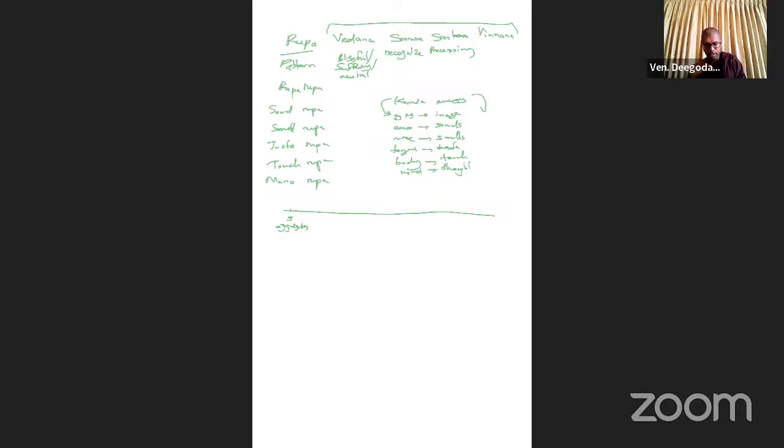So initially, these internal organs were created by the karmic energy, and we felt like we are living, and then it creates causes for the external and internal organs to meet together.